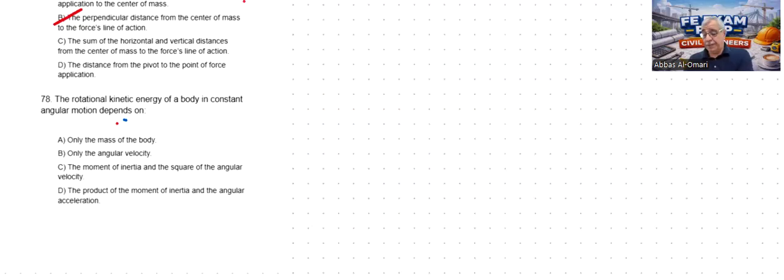The definition of kinetic energy is KE equals half mv squared, where m is the mass and v is the velocity of the object.